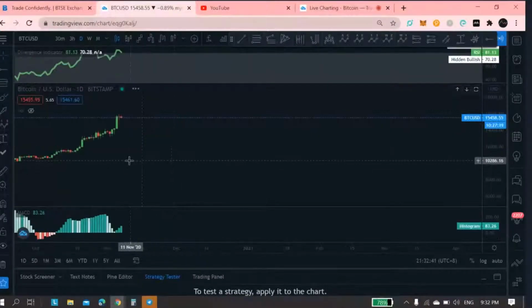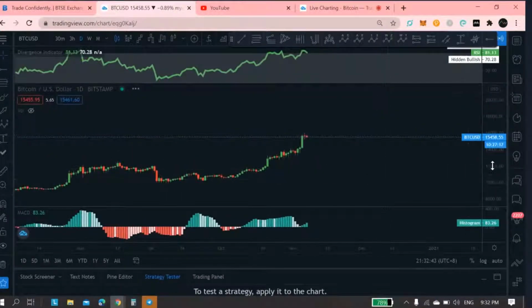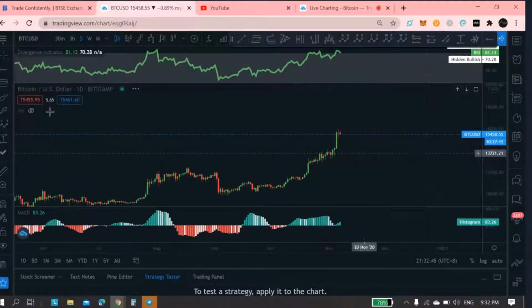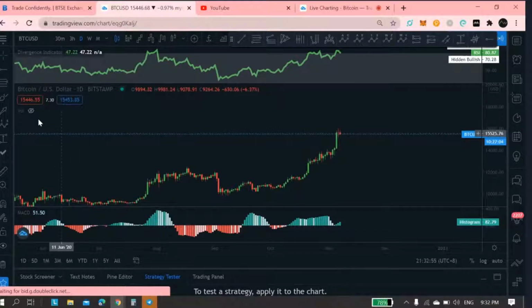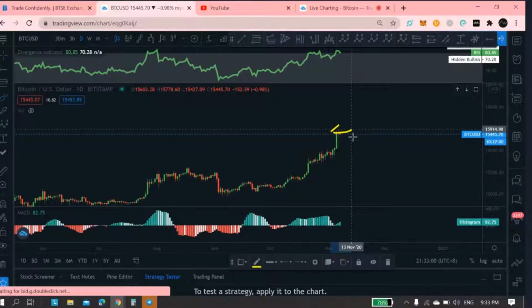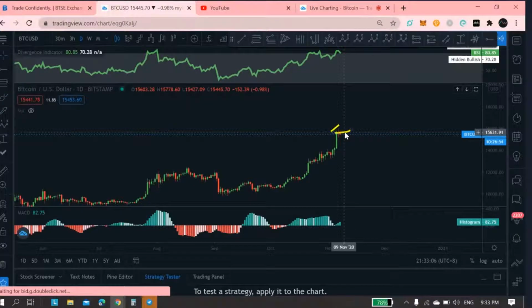If you look at it, that's actually a doji. This one. So this one is actually a doji.